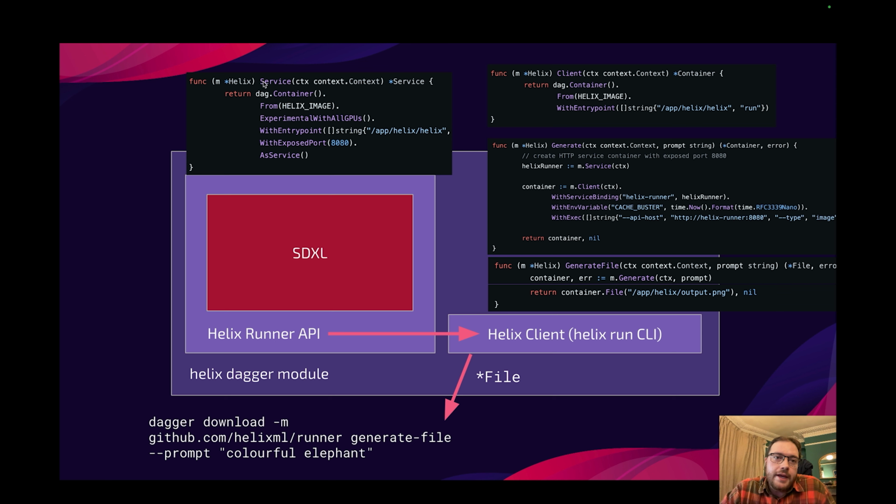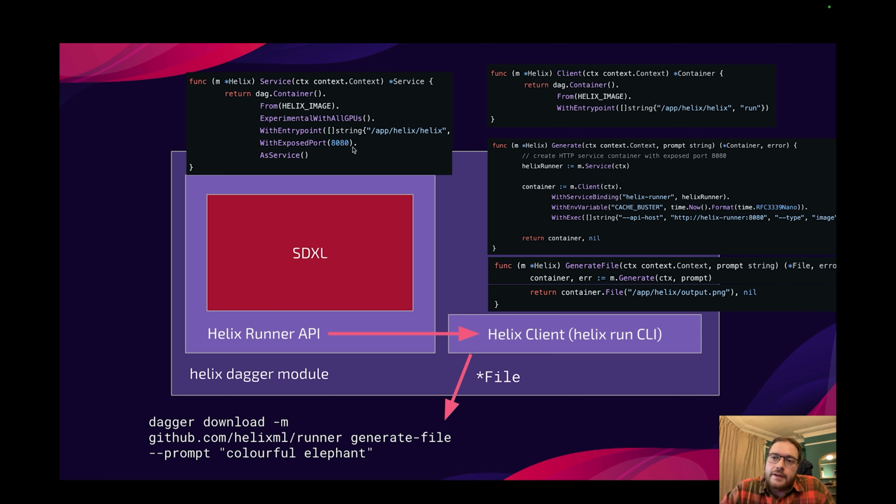What we see here is that we define this service inside the Zenith main.go file. That says: give me a container from the Helix image, give me GPUs, this is your entry point, then expose the port of the API server, and expose this as a service.